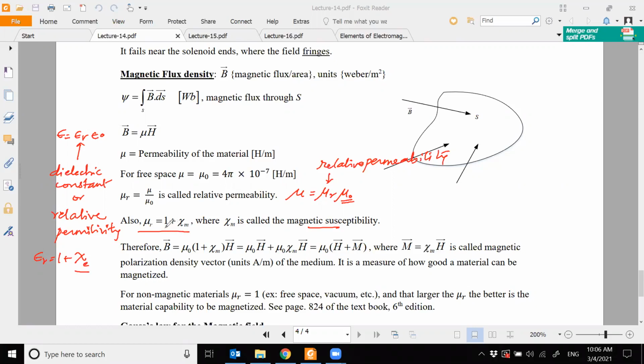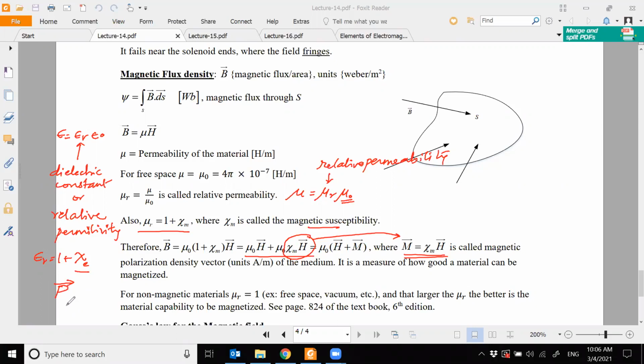If I substitute this in B, you will get this one, where M vector is called the magnetic polarization density vector, similar to P bar, the electric polarization density vector.